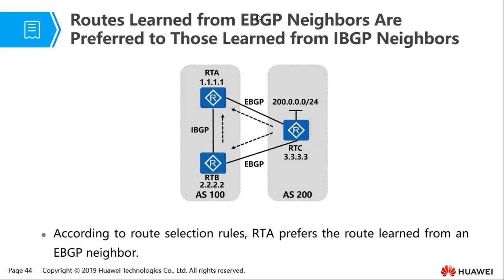this particular scenario. So here we have AS200 that has a network segment 200.0.0.0/24. Now, this particular network is advertised to RTA and also advertised to RTB using EBGP.